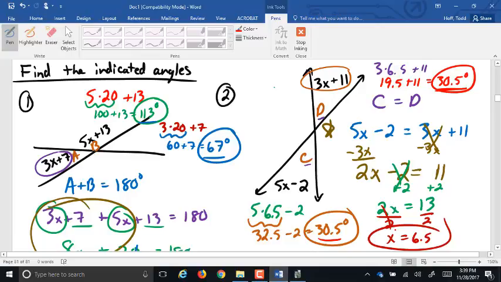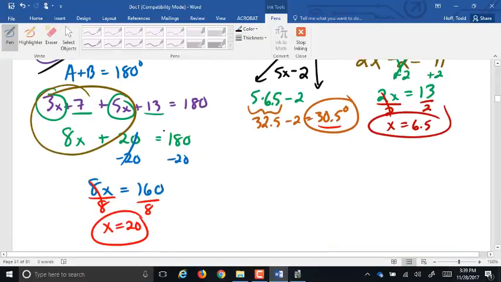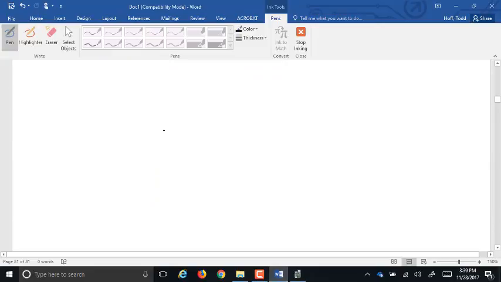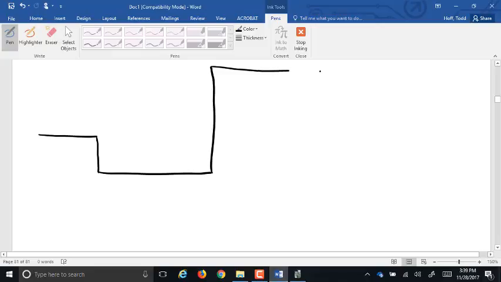Any questions on those? Okay. I want you to try another one here. We have a valley here that is 7 feet deep on one side and 15 feet deep on the other side.